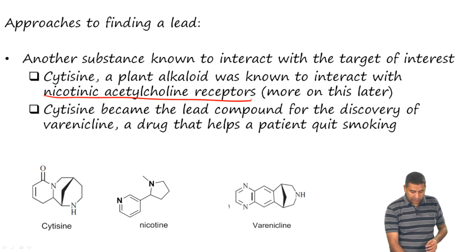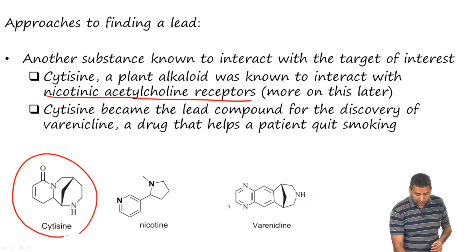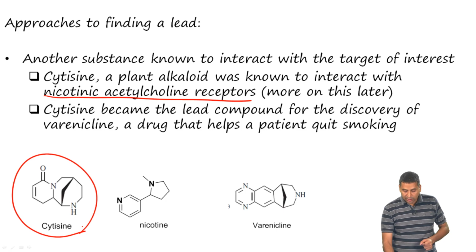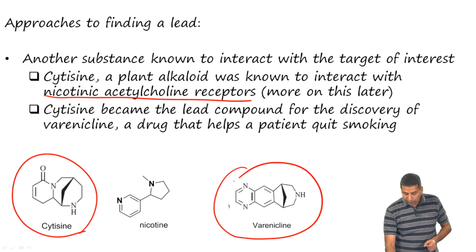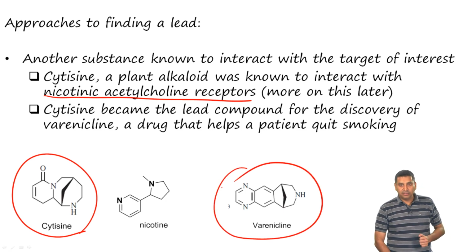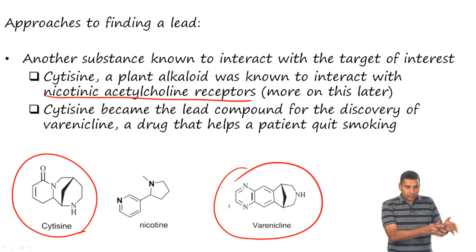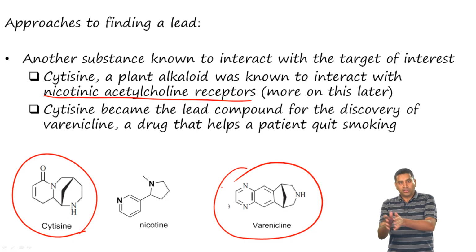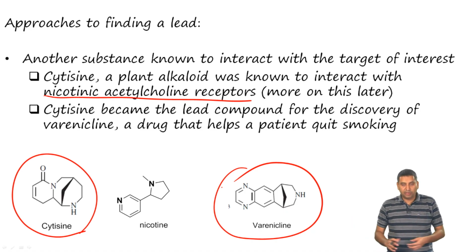So, based on this alkaloid, which is known to interact with nicotinic receptors, this drug, which is known as varenicline, was developed. And this drug helps patients to quit smoking. So, therefore, you could either use the natural ligand or substrate, or use knowledge of structures which are known to interact with the targets of interest, and these become the foundation for developing a new lead.